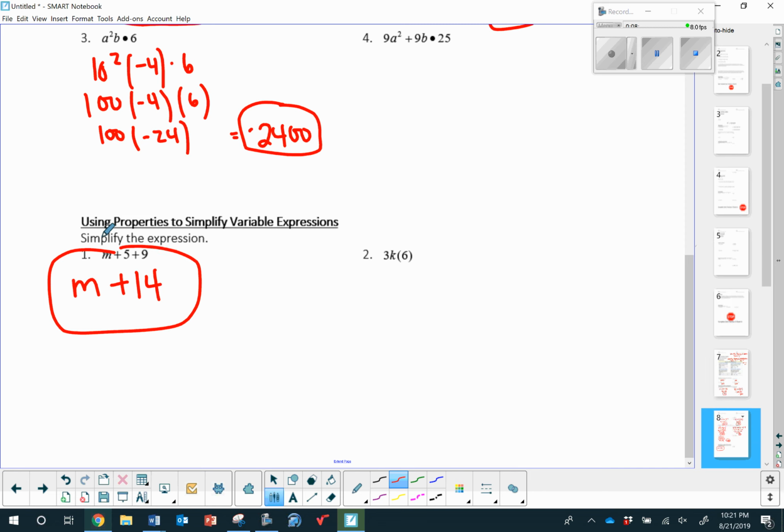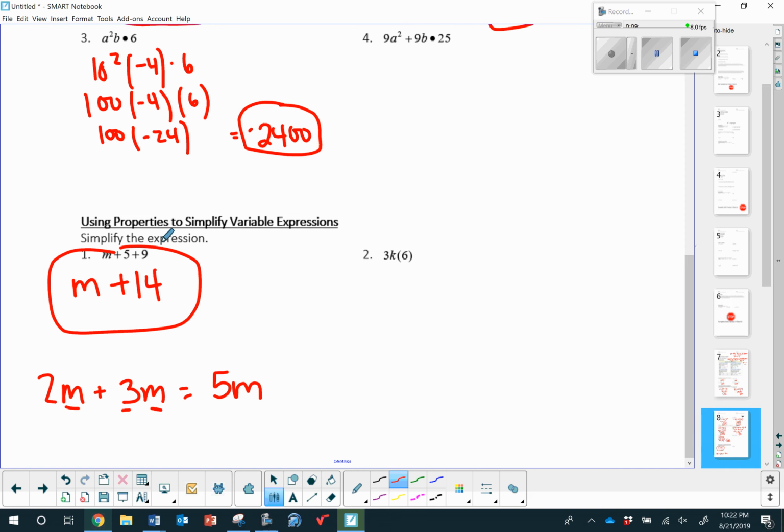So that is our final answer, m plus 14. If we had 2m plus 3m, we would get 5m because we have that common m there. But 14 doesn't have an m, so this is our final answer.